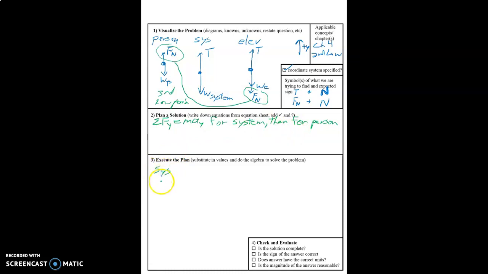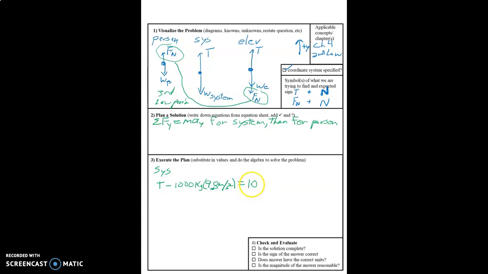For the system, we say T minus 1,000 kilograms times 9.8. Okay, 9.8 is not the acceleration of the system. That's just a number that we're using when we're calculating the force of gravity, or weight, equals 1,000.